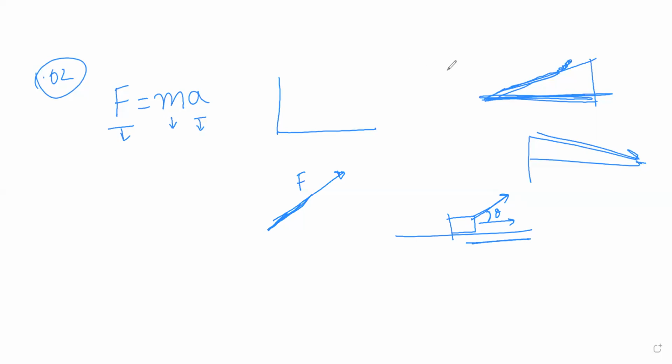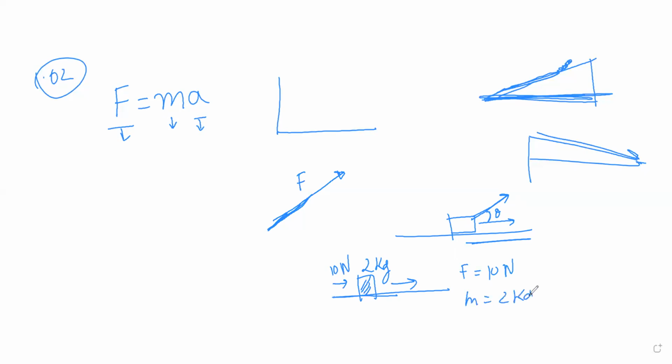If the box is lying there and we use a force of 10 Newton, and the mass of this box is 2 kilogram, we can easily find the acceleration. F is given as 10 Newton and mass is 2 kilogram.